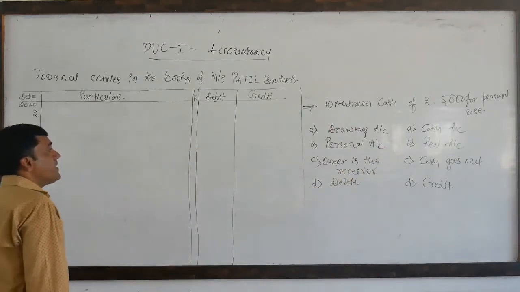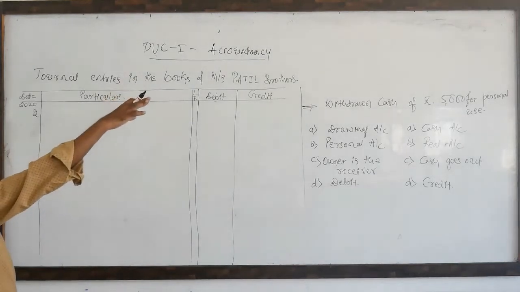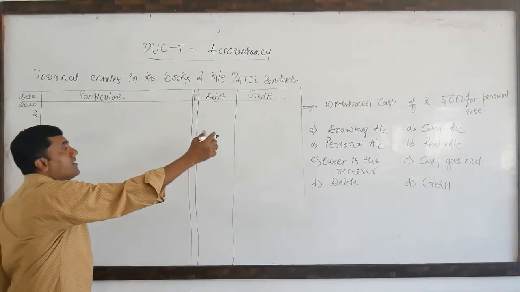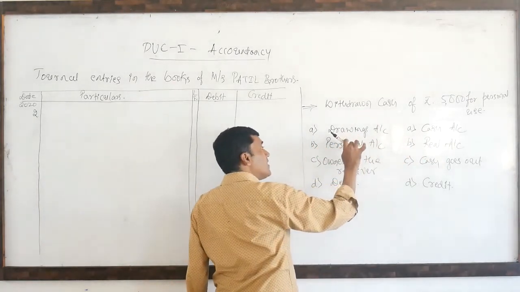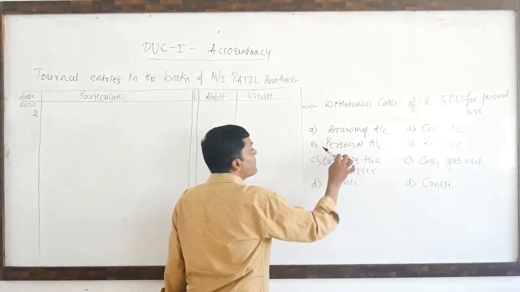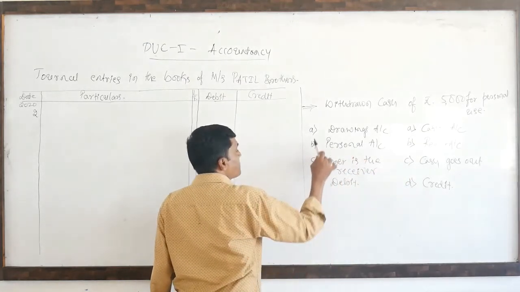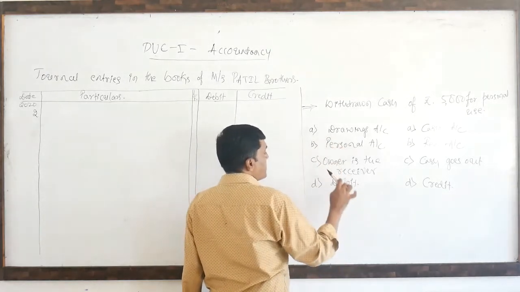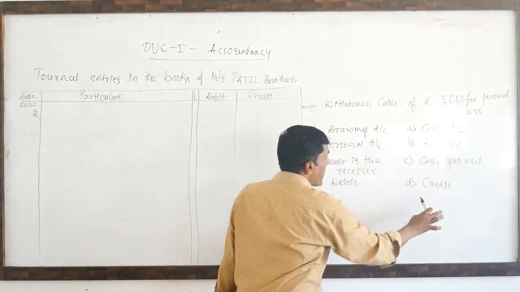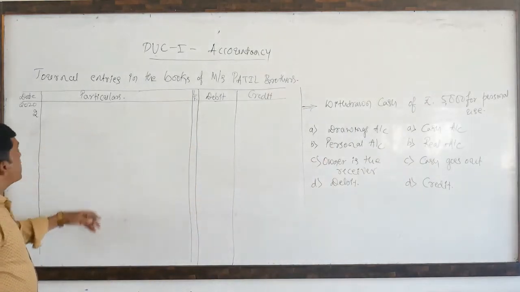Keep in mind, dear students. By observing that rough book entry, we have seen these twofold aspects for double entry principles. They follow these rules. As per these principles, we can interpret drawings account is the debit, cash account is the credit. So how to write these debit and credit in the journal book?